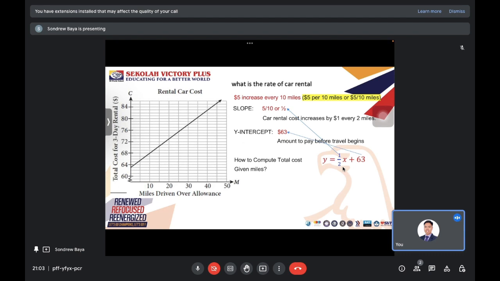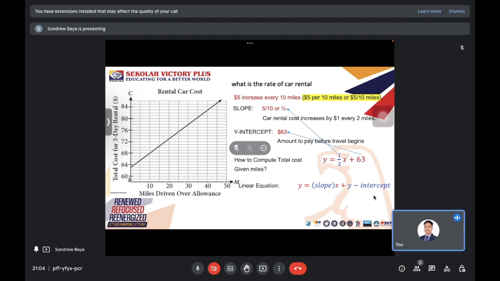In other words, in this format, y equals whatever the slope is times x plus the y-intercept. To form a linear equation, the dependent quantity y will just be equal to your slope times the independent quantity x plus the y-intercept.